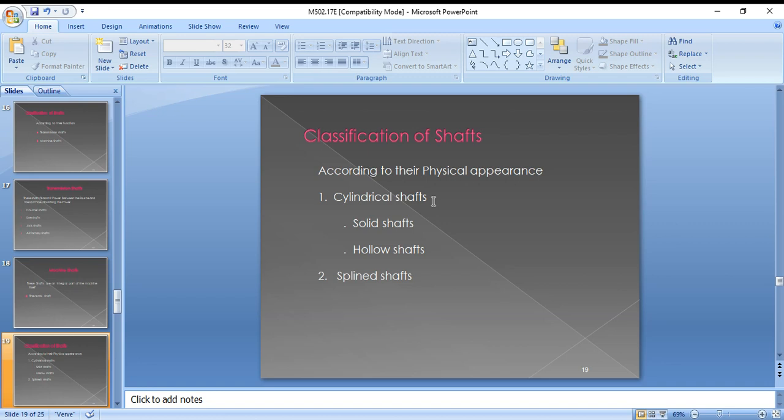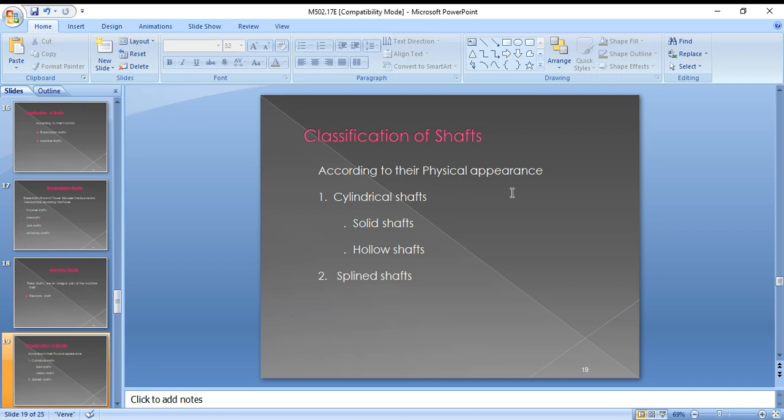Here we are classifying the shafts according to physical appearance. As I told, a shaft is a circular part itself. One is the cylindrical shaft and the other is the spline shaft. In the cylindrical shaft we have the solid shaft and the hollow shaft.